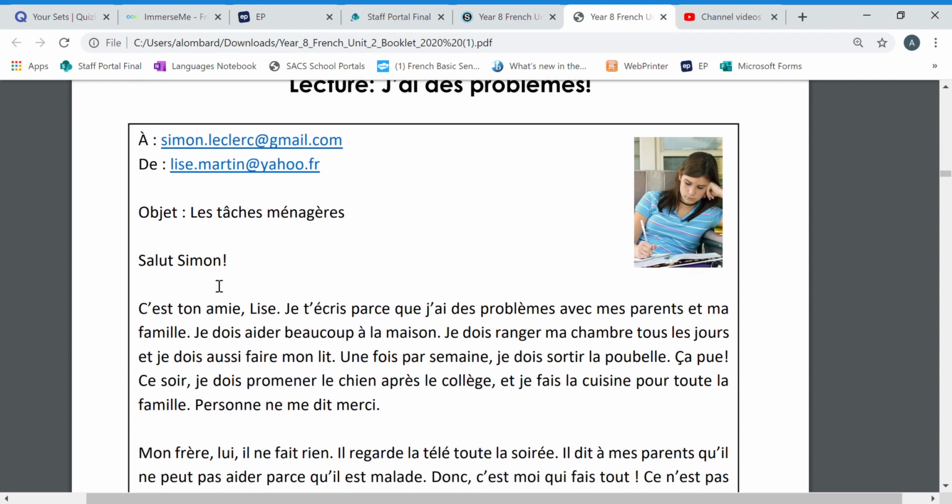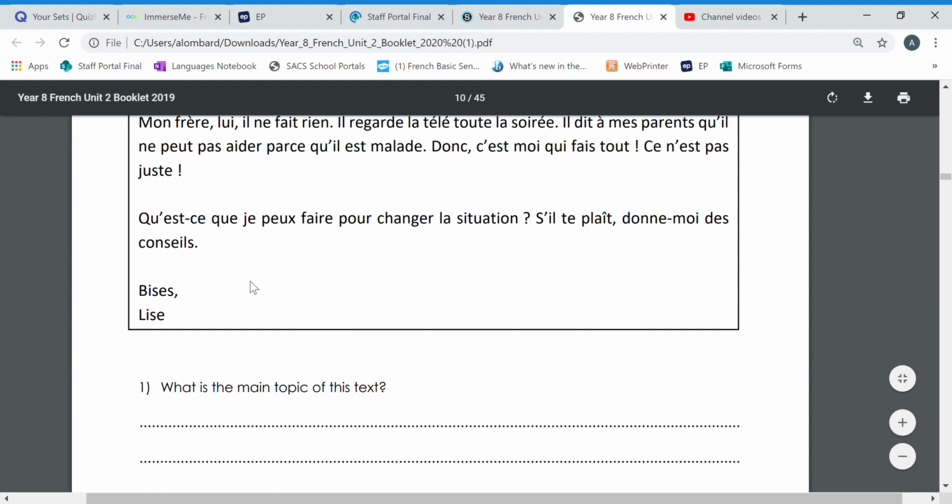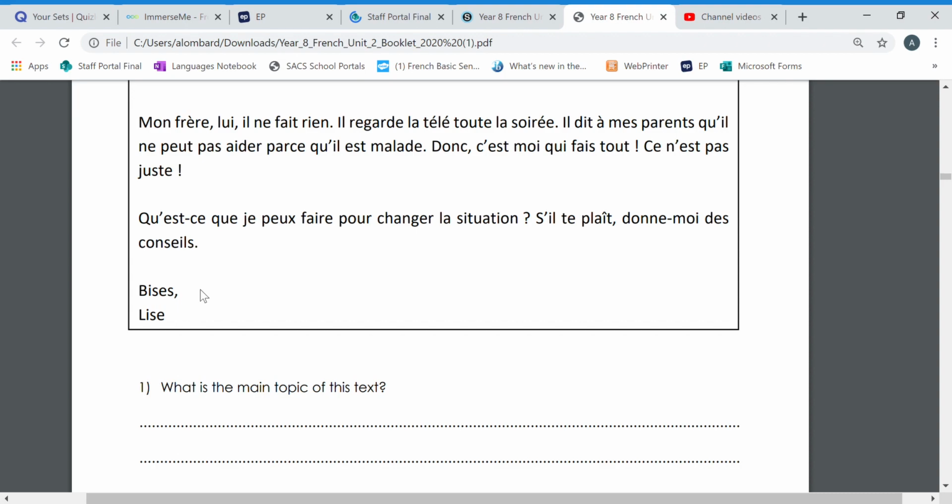Remember, this will always give you a lot of information about the formality of the relationship between two individuals. And then you have the body of the text and some kind of conclusion. Here again we have this informal language bis, which means kisses, Lise. So there are always a few giveaways as to what kind of language is being used.